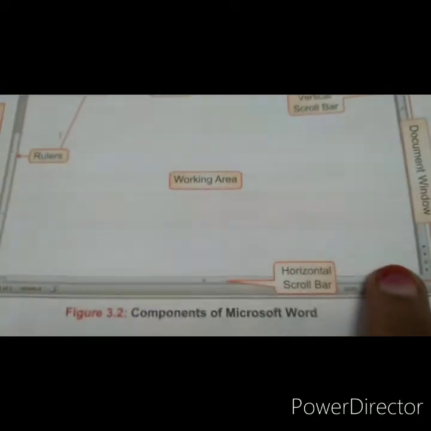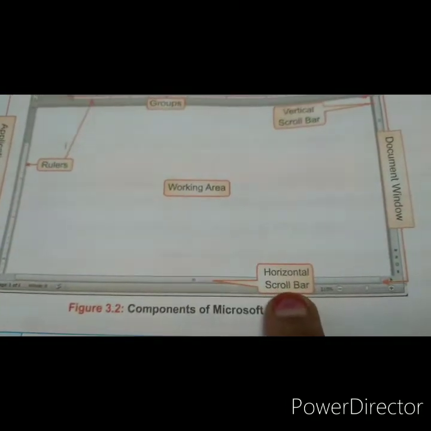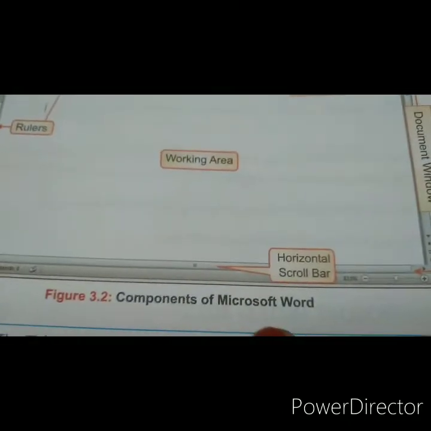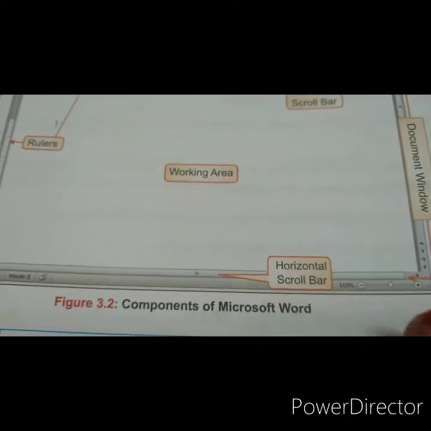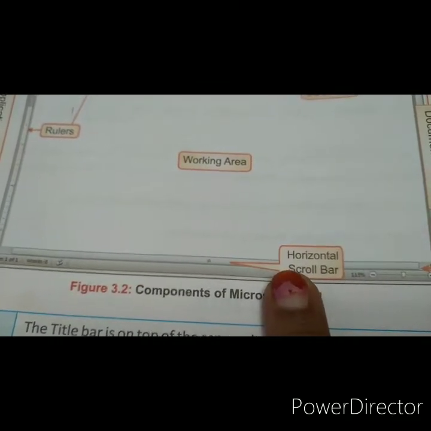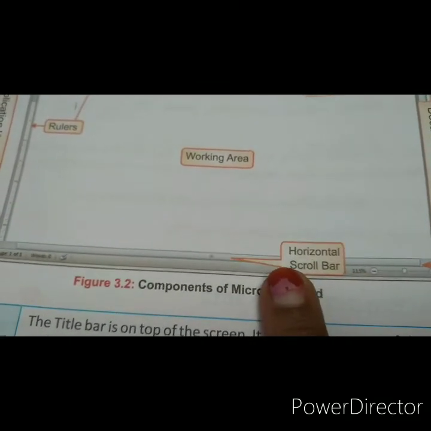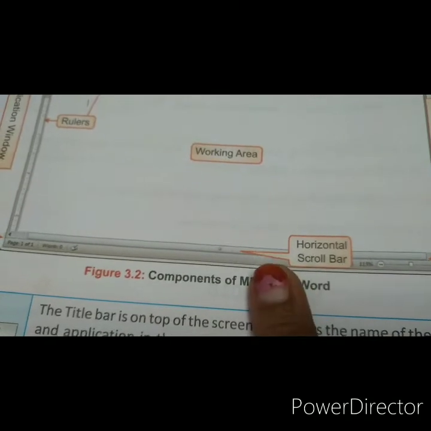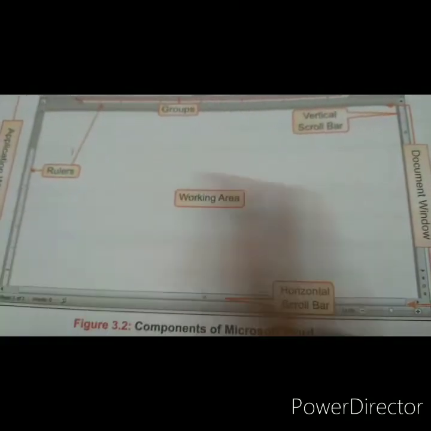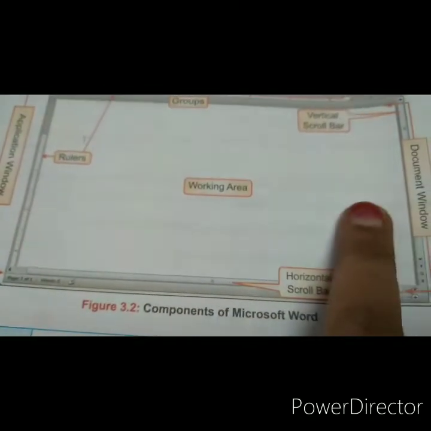Last comes the scroll bars. Here we have two types of scroll bars, horizontal scroll bar and vertical scroll bar. By using the horizontal scroll bar, we can move towards the right and left side of the page. We can see the two corners of the page by using the horizontal scroll bar.